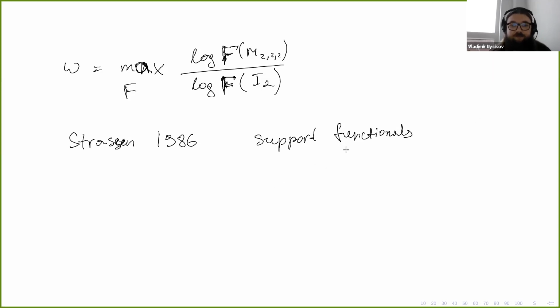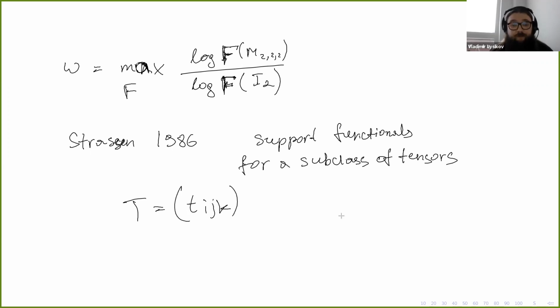Support functionals have nice properties, but only for a subclass of tensors, called oblique tensors, and they are defined in the following way.